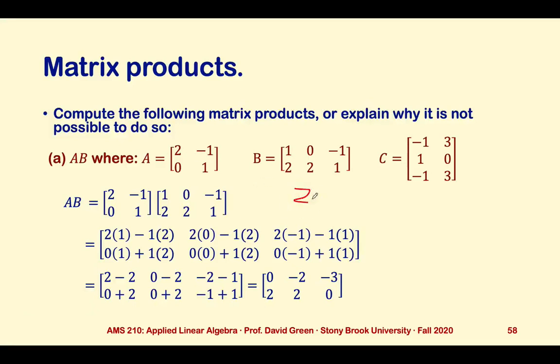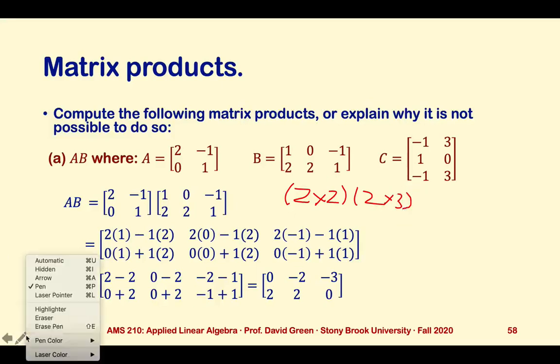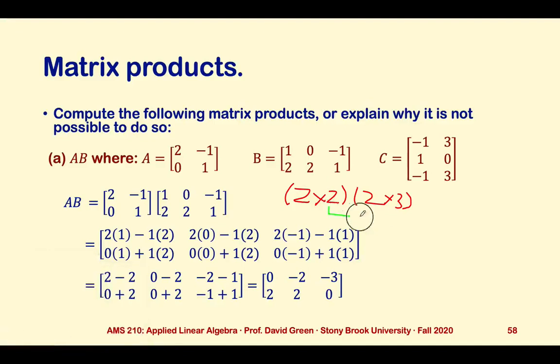A is a 2 by 2 matrix. B is a 2 by 3 matrix. These two inner dimensions are the same, so they match.